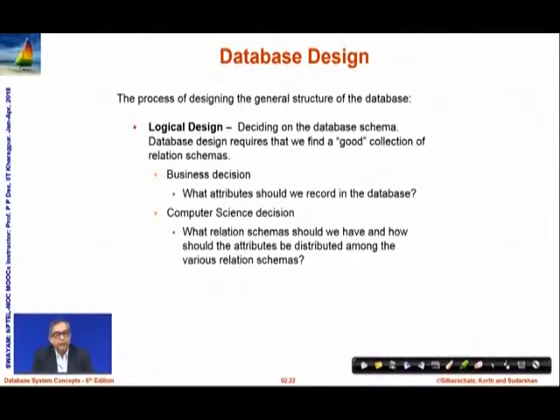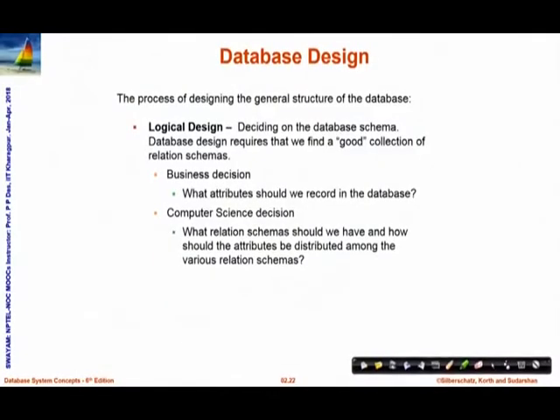If I am doing a university database, the business decisions will come in terms of: I have courses, students, instructors, and the instructors teach courses. Can an instructor teach multiple courses? Can a course be taught by multiple instructors? These kinds of business decisions are critical for the database design.